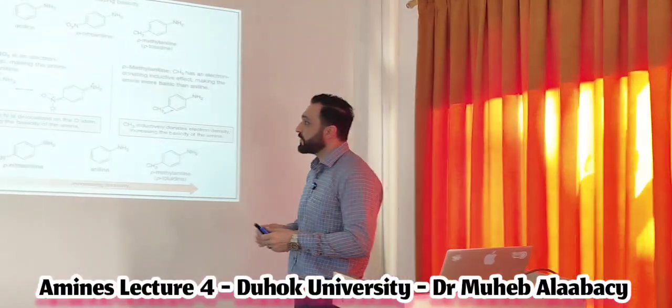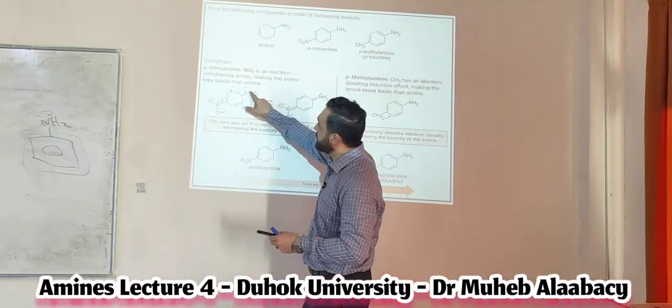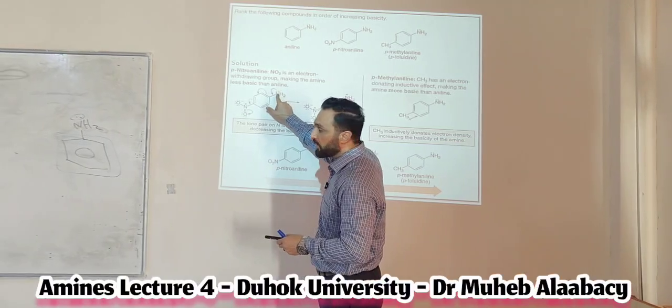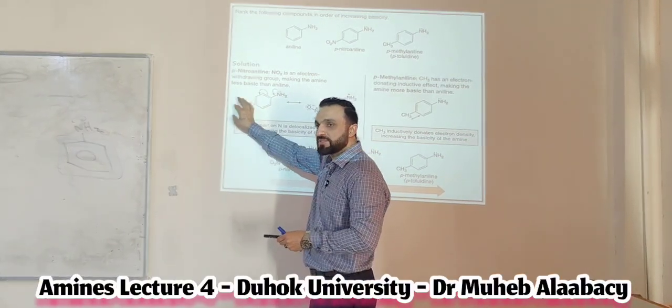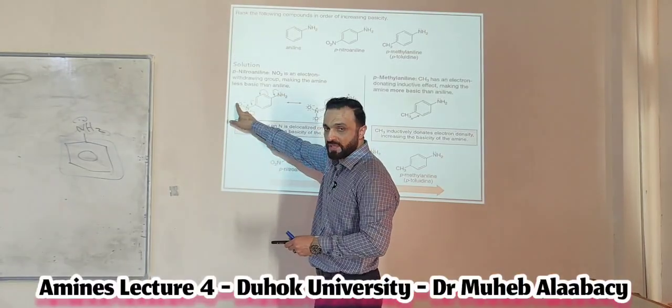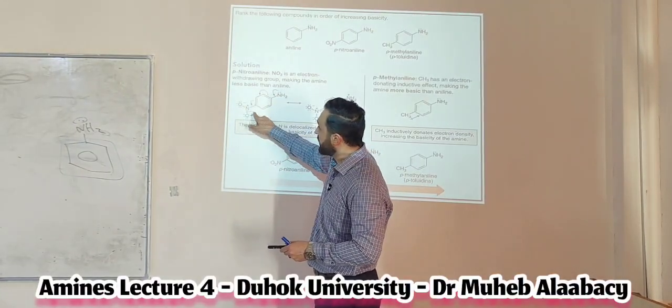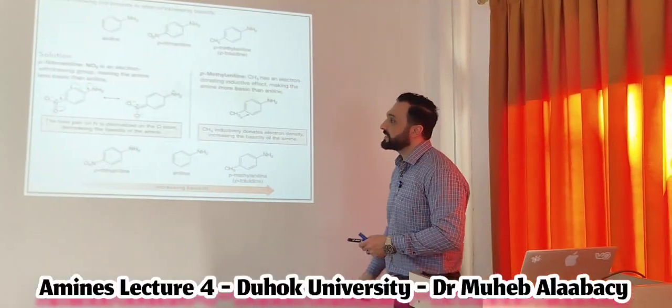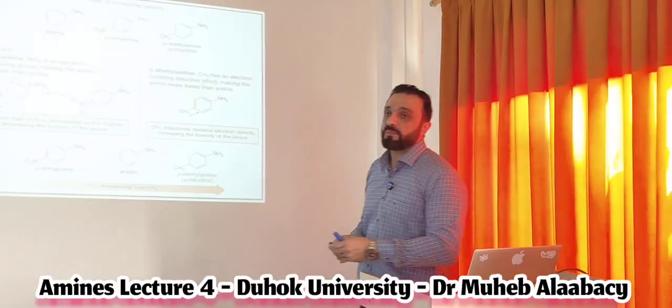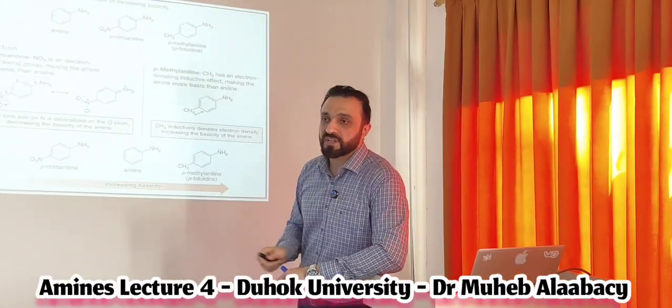So look here. It shows how the electron density delocalizes by resonance and is withdrawn by the NO2 group by resonance effect. Okay, it will be conjugated and also the negative charge will go to the NO2 group. How many resonance structures do we have here?